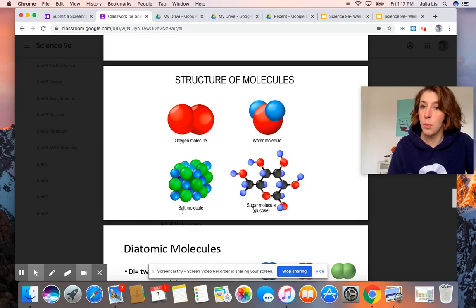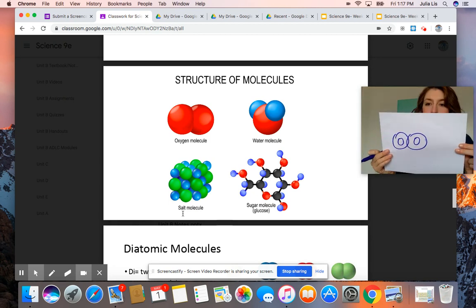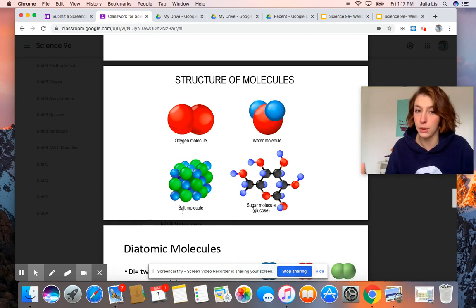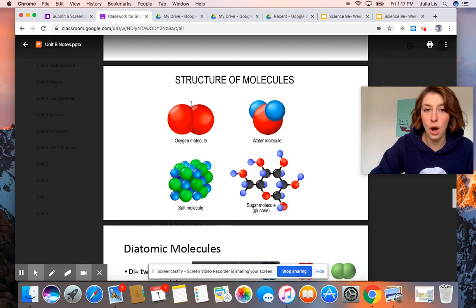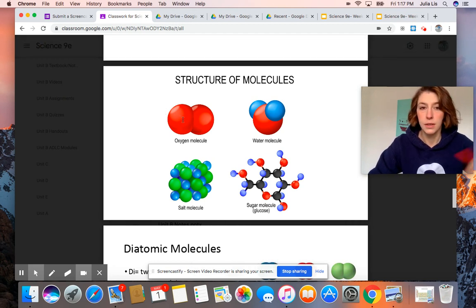But if you have more than one atom bound together, we call that a molecule. So we're getting a little bit more complex. If you have two oxygen atoms bound together, you would have a molecule. So here, this is an oxygen molecule.